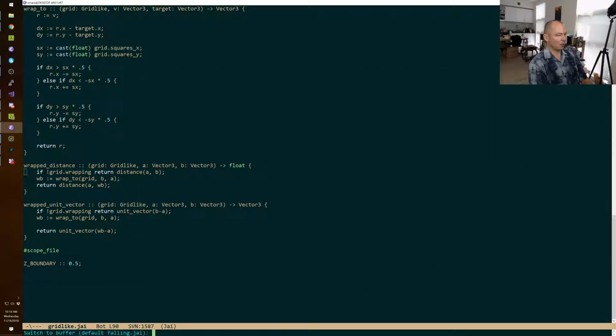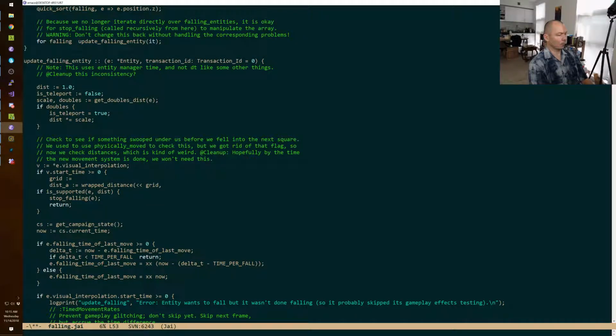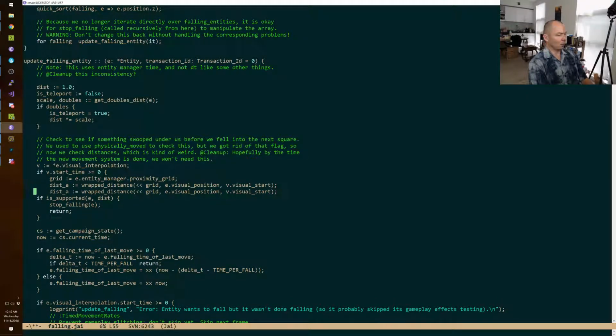So I could say wrap distance, the grid e dot visual position, v dot visual start, and let's call it dist start and dist end.